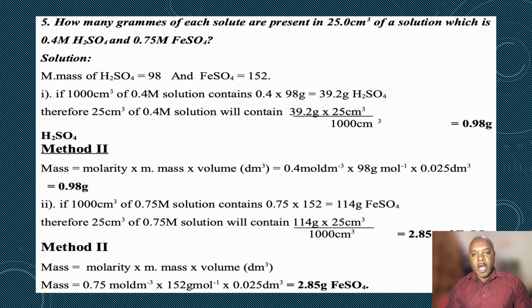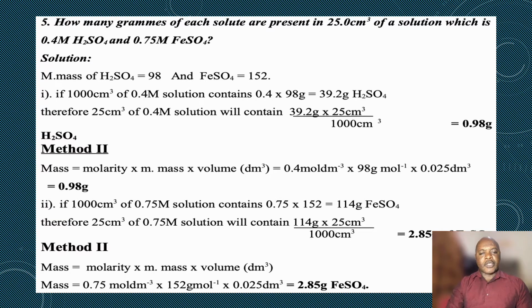We will have 0.01. The molar mass of sulfuric acid is 98. Then the mass will be moles times molar mass, which is 0.01 times 98. You have the answer, which is 0.98.